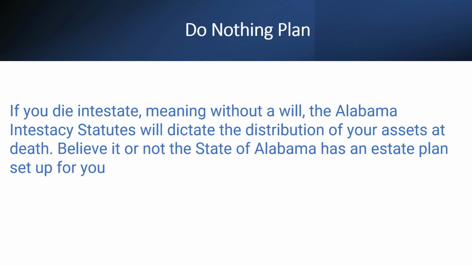In most states, there are laws that say if you don't have any estate plan, it's going to go by the letter of the law what happens when somebody passes away with no plan. And a lot of times that is not the plan you may want to happen.